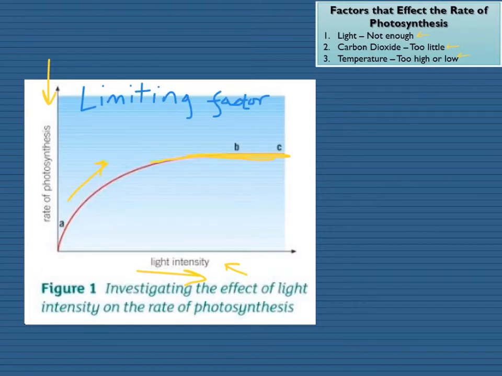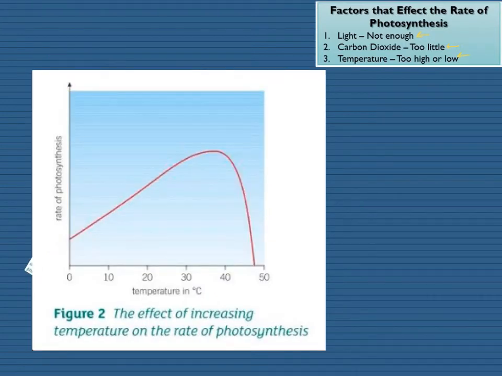Now what this means is that with a limiting factor, it is some other factor that has become short in supply. So it could be, for example, water, carbon dioxide, or temperature. With this next graph, it's looking at the effects of temperature.